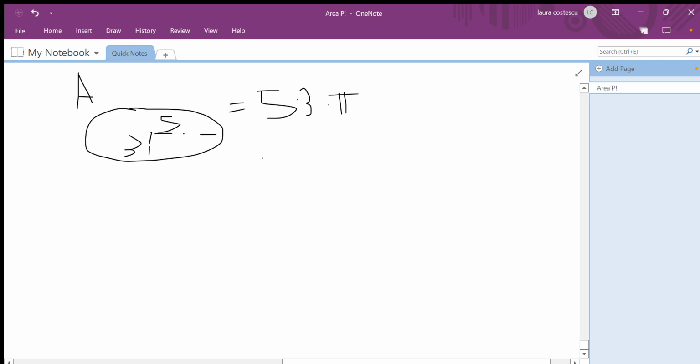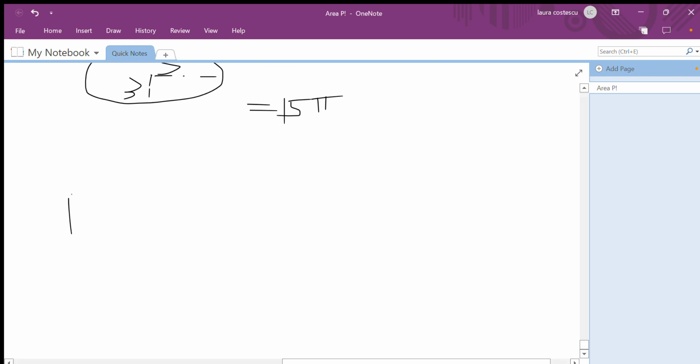Well, this would equal 15 pi, but this pi is very annoying, right? So right now, this means that we got to approximate it. It's approximately 3. So let's say pi is equal to 3.145, and so on.